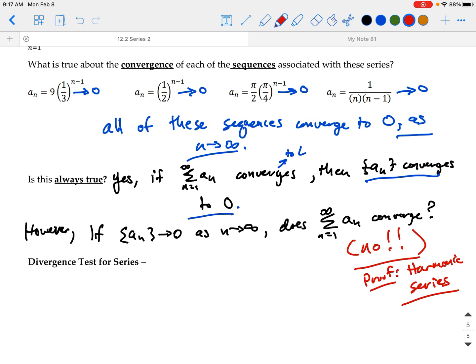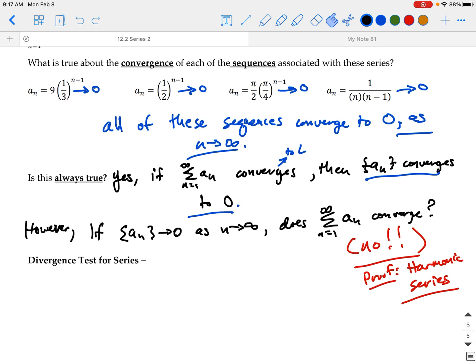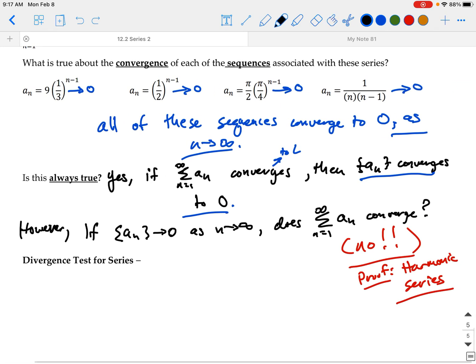So this is a one-way statement, right? If the series converges, the sequence converges to 0. And that's going to be really, really important, because what that means is that if we're evaluating a series, the first thing we can look for is the convergence of the sequence, right? So that's where we get this divergence test for series.